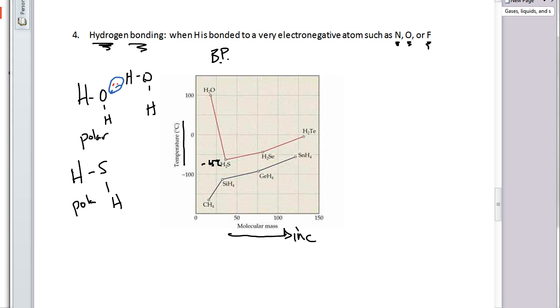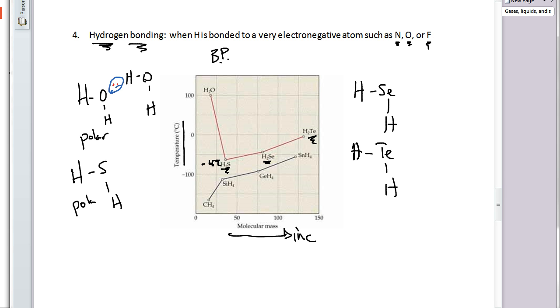Now, you might sometimes be asked to explain what the difference is between H2S and H2Se, or H2Te. I mean, they all look the same when we draw them out. Essentially, sulfur, selenium, and tellurium are all in the same group as oxygen. So we're really only replacing the central atom on each one of these molecules.